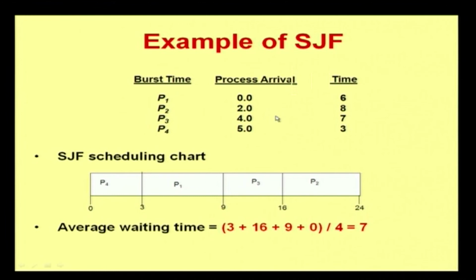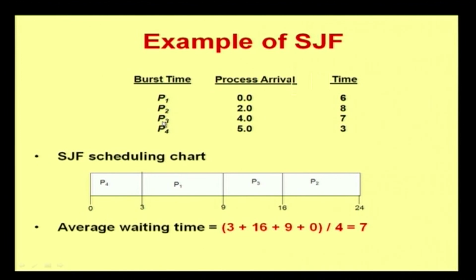So we put it as 0 and 3, because it has taken 3 milliseconds to complete. Then what is the next minimum? It is 6 milliseconds. So after P4, P1 gets executed. After 3, it takes 6 milliseconds to complete, so 3 plus 6 becomes 9. After 6, the next shortest is 7.